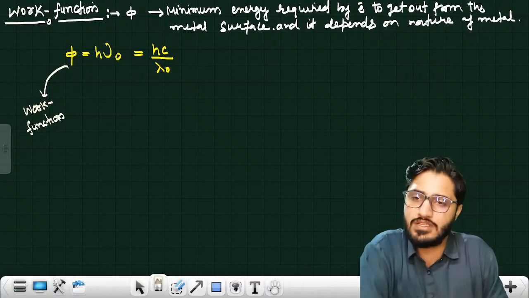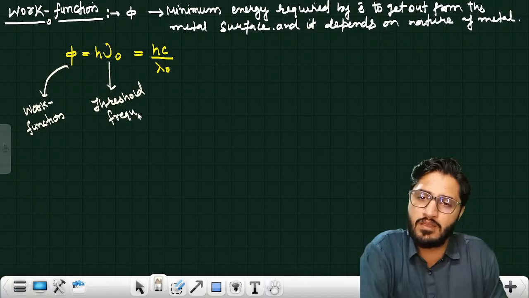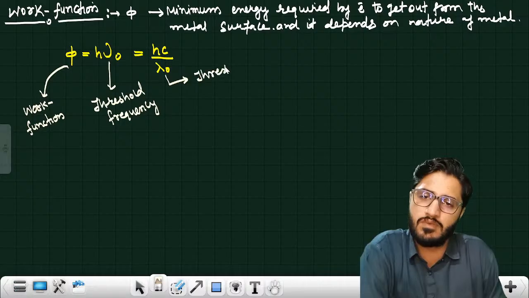h is Planck's constant. What is nu naught? Threshold frequency. What is lambda naught? Threshold wavelength.